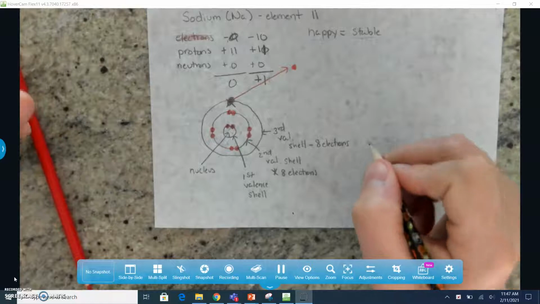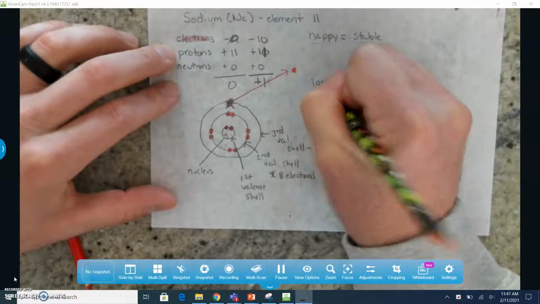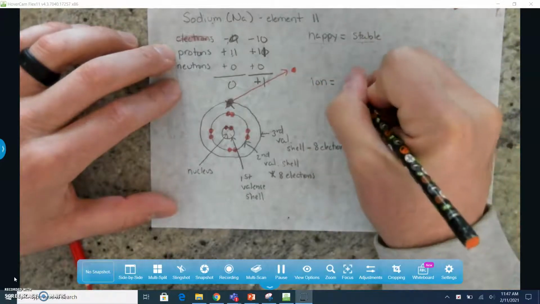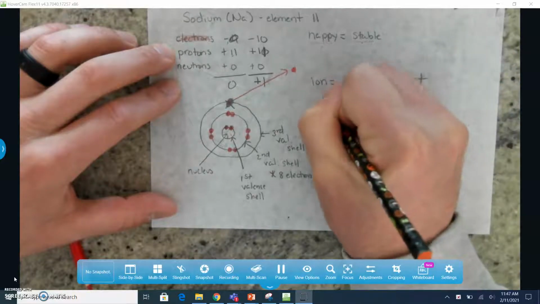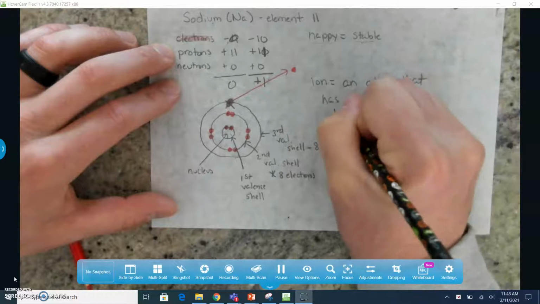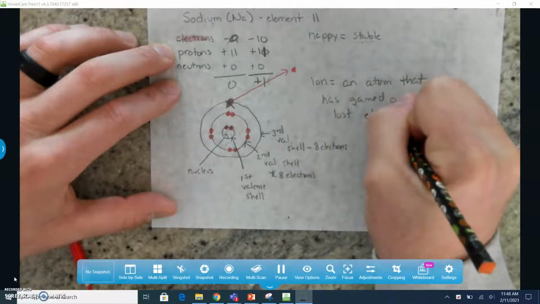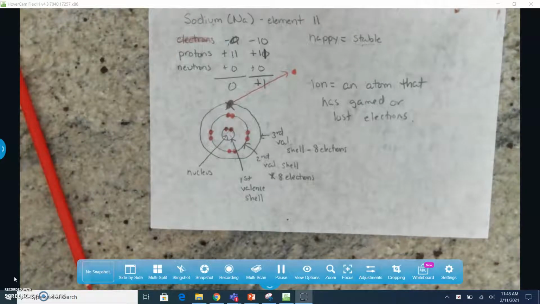So now we have an ion, and an ion is an atom that has gained or lost electrons.